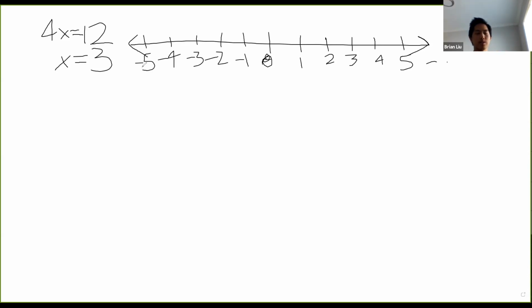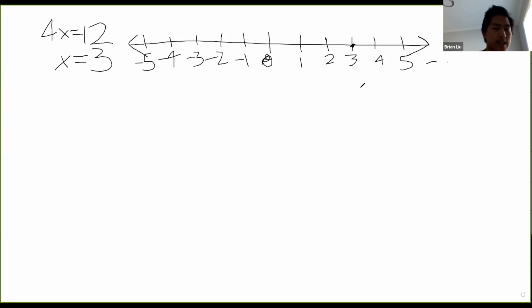And then x is 3 would be right here. So if we have one equation like this, not really fancy in any way, we just get one value for x, and it's somewhere on the number line.